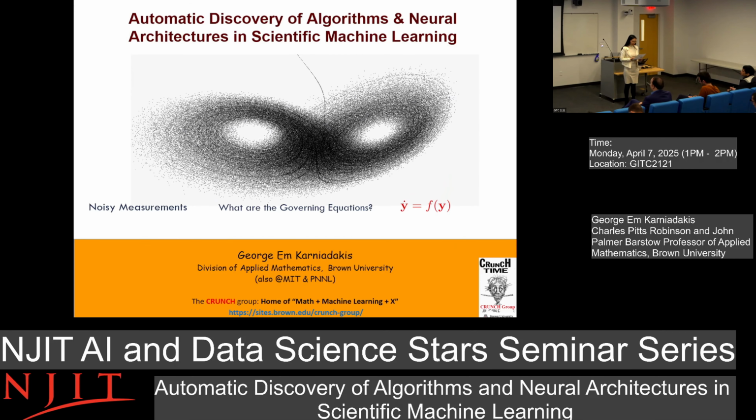Professor Karniadakis is Charles Pierce Robinson and John Palmer Barstow Professor of Applied Mathematics at Brown University, and he's also affiliated with MIT and PNNL. He's a member of the National Academy of Engineering and a Vannevar Bush Faculty Fellow.